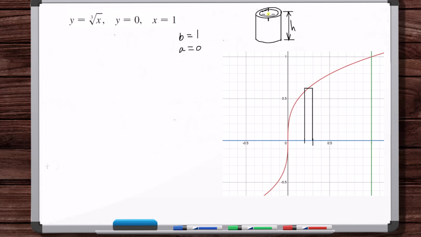We're going to have an integral from a to b to get the volume. This is kind of confusing, because what we want is: what is the volume of a cylindrical shell?